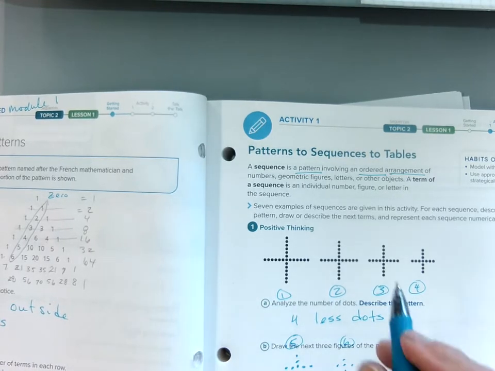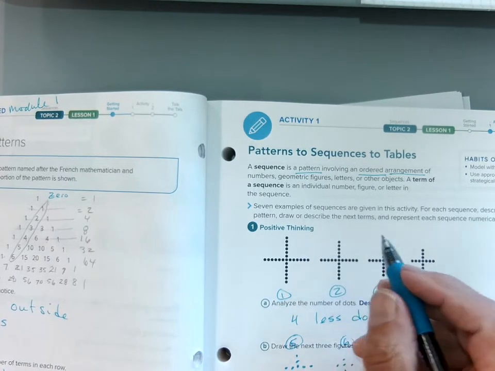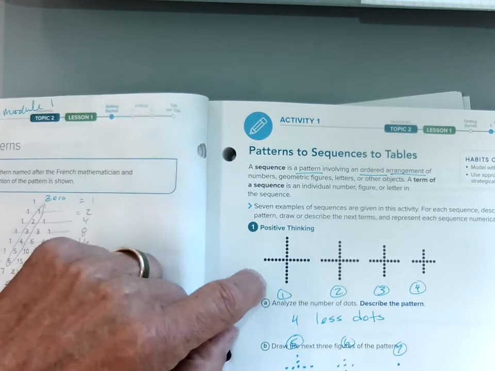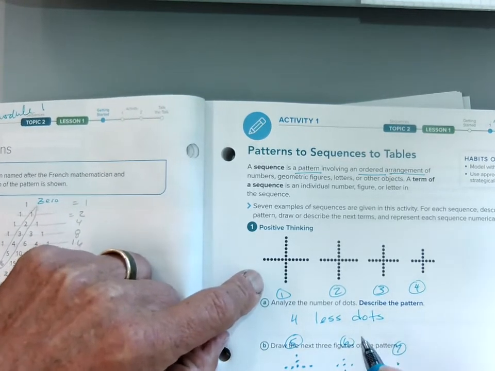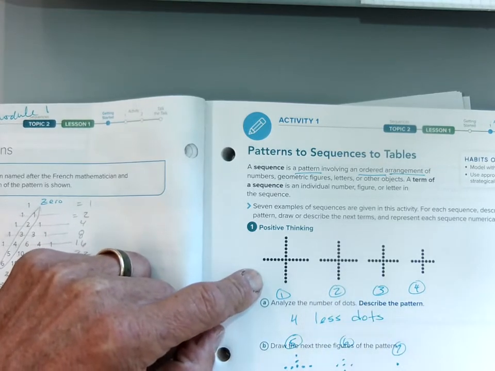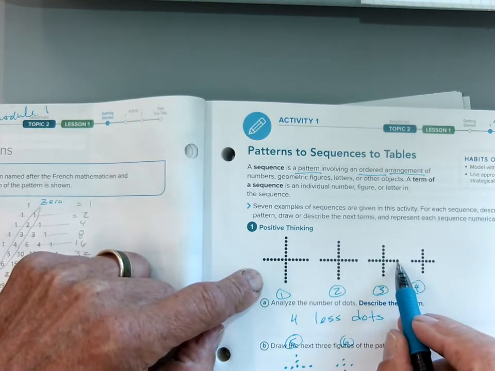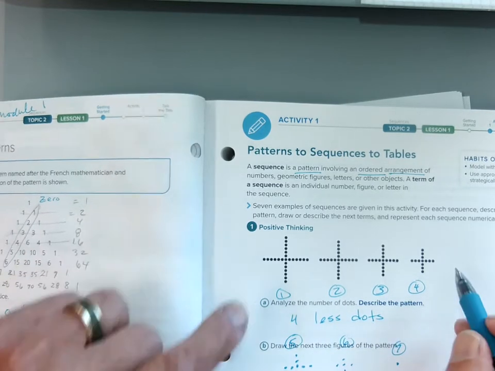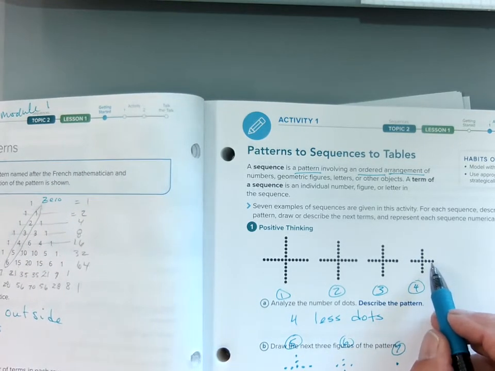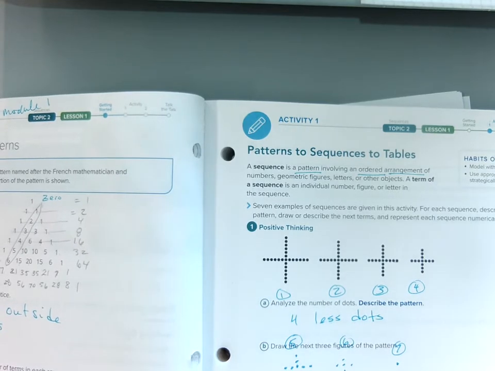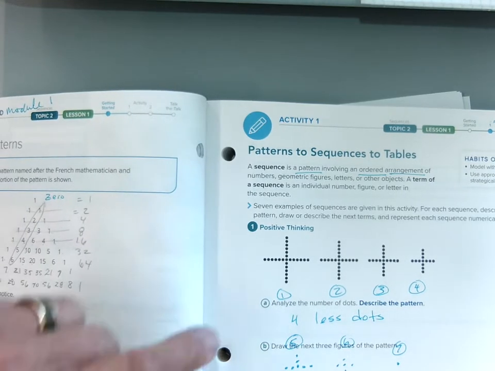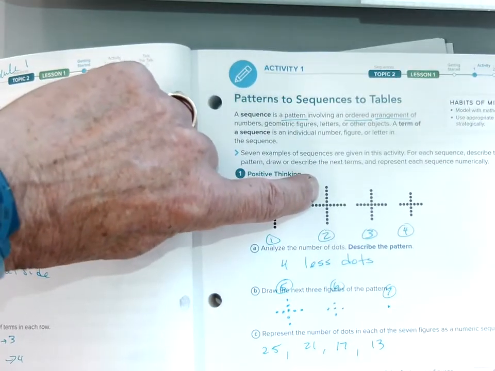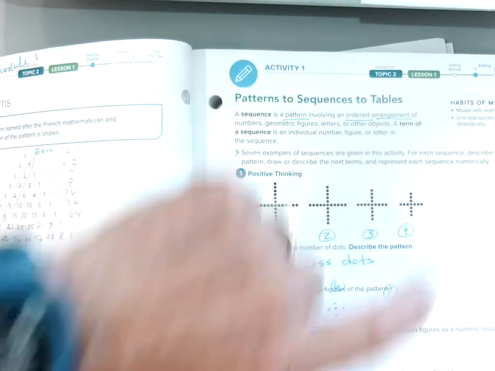I counted it wrong, I'm not counting these right. 4 and 4 and 4 is 16 plus 1 is 17. 3 times 4 is 12 plus 1 is 13. Okay, there's my figure. I've got 25 dots, 21 dots, 17 dots, 13 dots, okay?